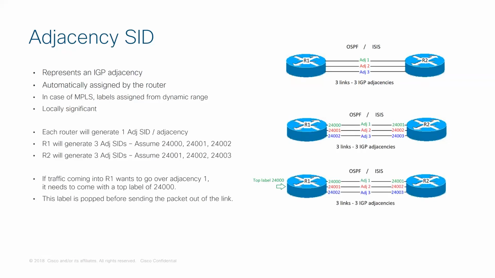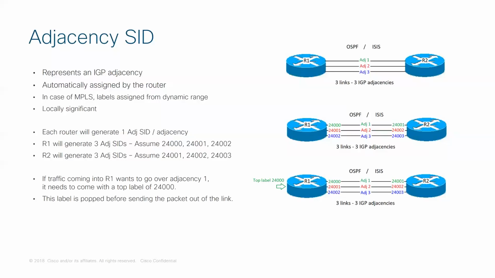One quick question. If some other router allocates the same label, when you push that label onto the packet, won't it create an ambiguity there? No. So the top label 24,001 is coming to R1, right? So 24,000 has a meaning to R1. Okay. R5 also has a 24,000 label for something else. Then the packet should come with a top label of 24,000 to R5.